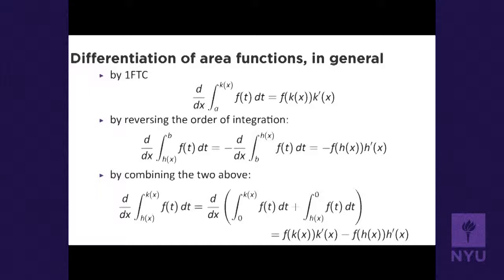Now what if your function is not in the upper limit, but in the lower limit? Then you can take the derivative again, but this time it's a negative sign. So instead of f of h of x times h prime of x, it's the negative of that. Now why should that be? Well, if you think about integrating between two limits, if you increase this limit and the function is positive, you're going to increase the function.